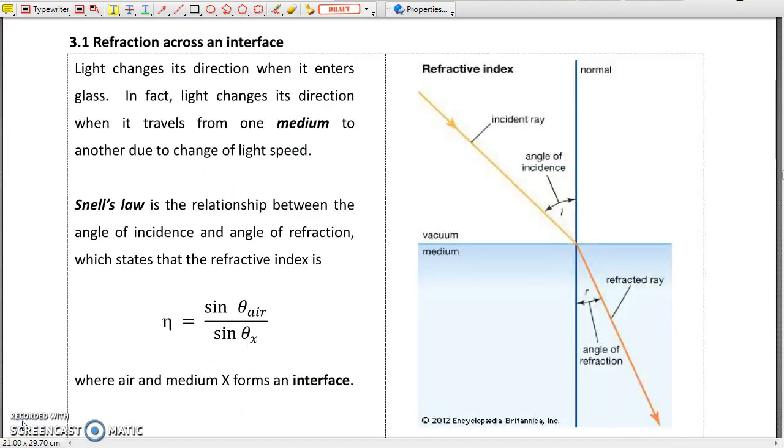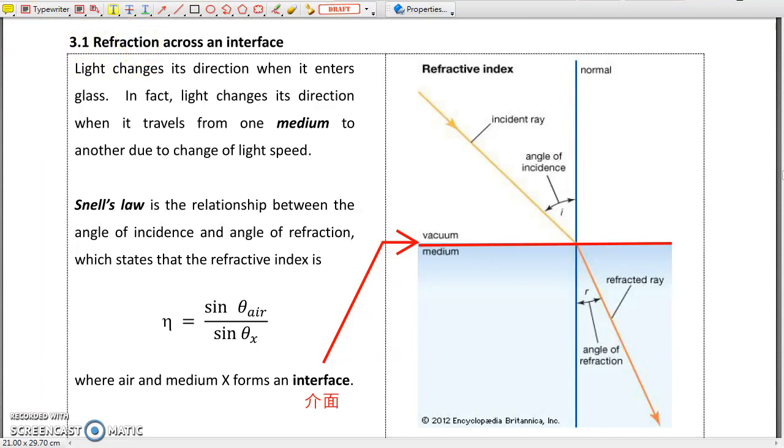3.1 Refraction across an interface. When there are two media, for example, air and glass, the line between them is called the interface. When a light ray travels across an interface, it changes in direction. We call it refraction.